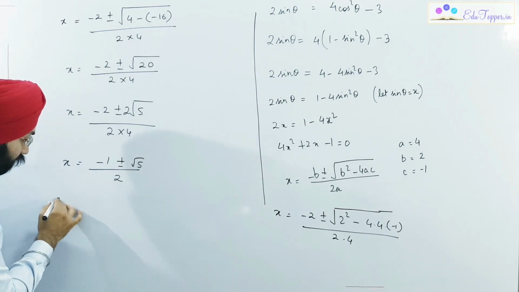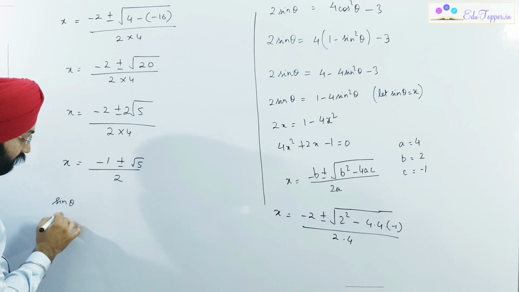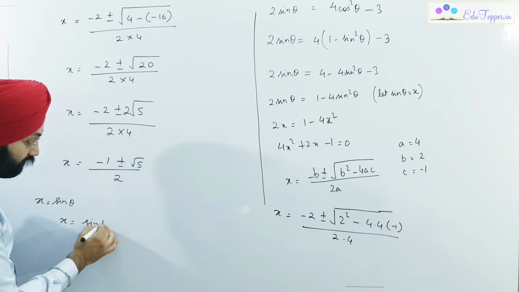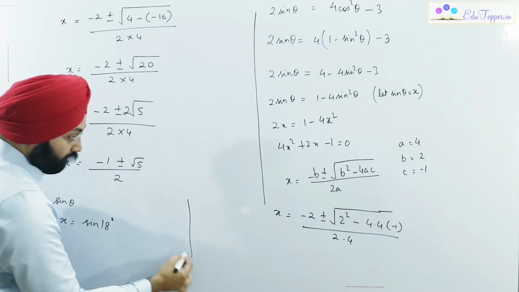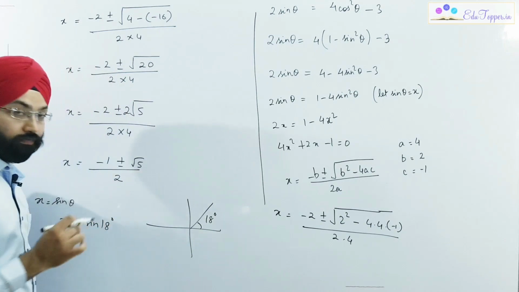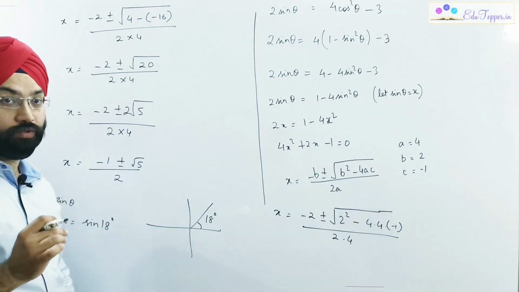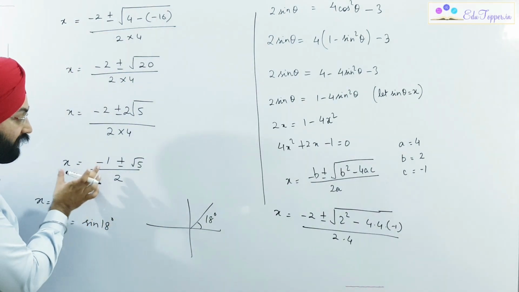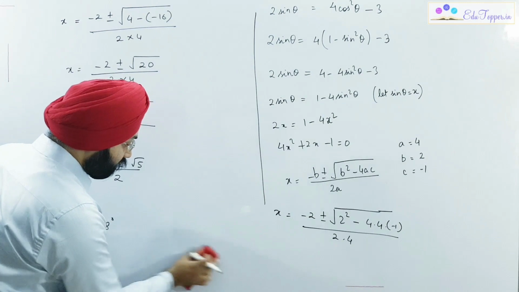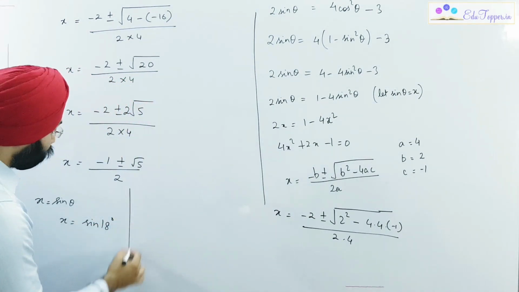Since x was equal to sine theta and we had theta as 18 degrees, and we know that 18 degrees lies in the first quadrant, and in the first quadrant all trigonometric ratios are positive, so the value of x cannot be negative. Therefore, we'll ignore the negative value and we'll just take up the positive value.